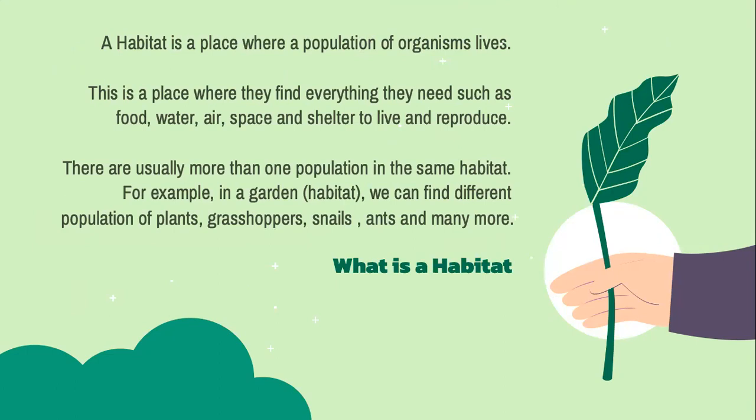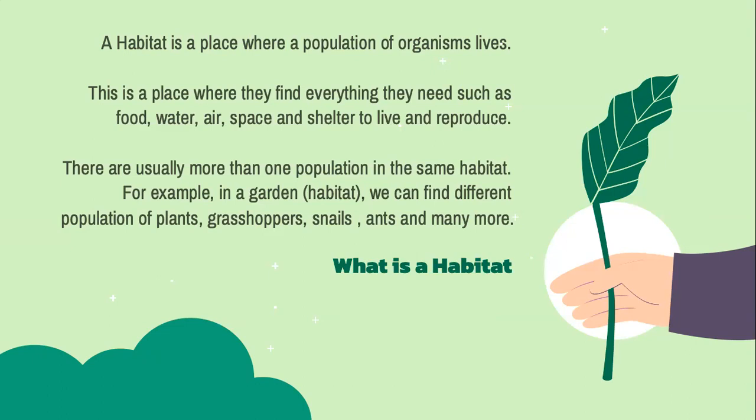There are usually more than one population in the same habitat. For example, in a garden, known as a habitat, we can find different populations of plants, grasshoppers, snails, ants, and many more. So many populations living in the same area, that same area is called a habitat.